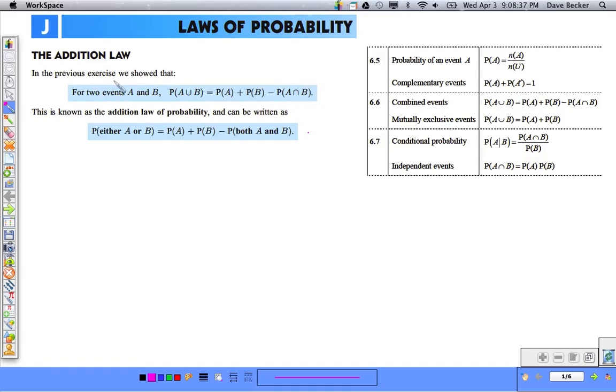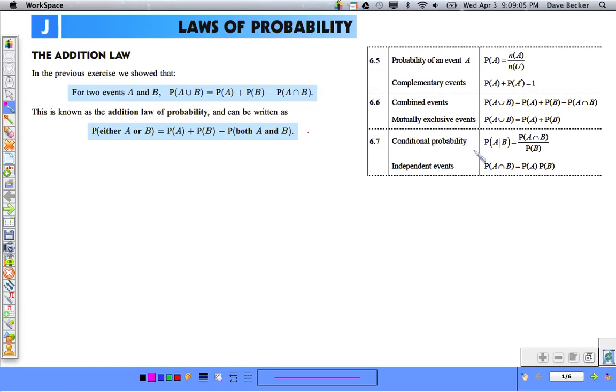In an exercise from the previous section, we were able to see that the probability of the union of the two events A and B is equal to the probability of the event A plus the probability of event B minus the probability of A intersect B. And that formula is right here, where the events are combined.